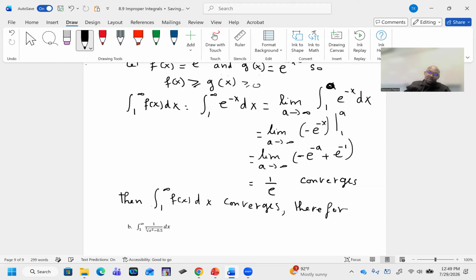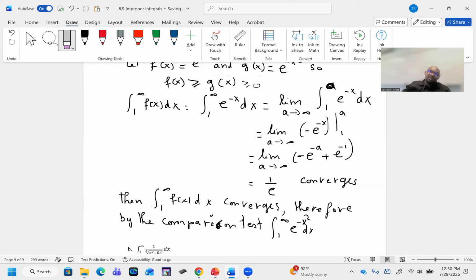Therefore, by the comparison test, the integral from 1 to infinity of e to the power of negative x squared dx converges as well, right?